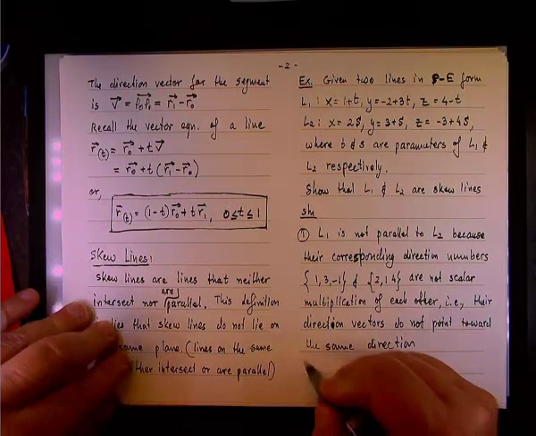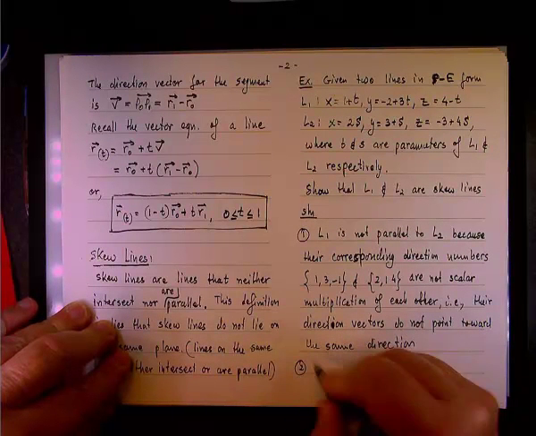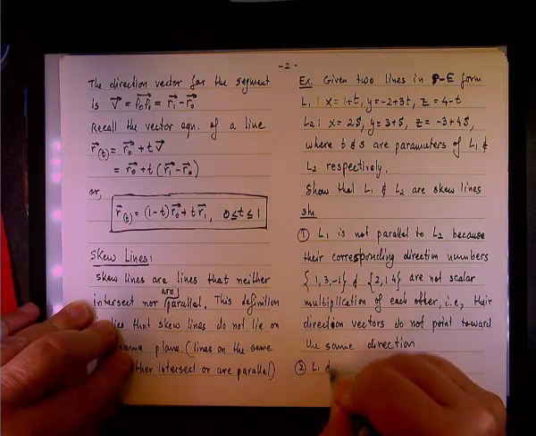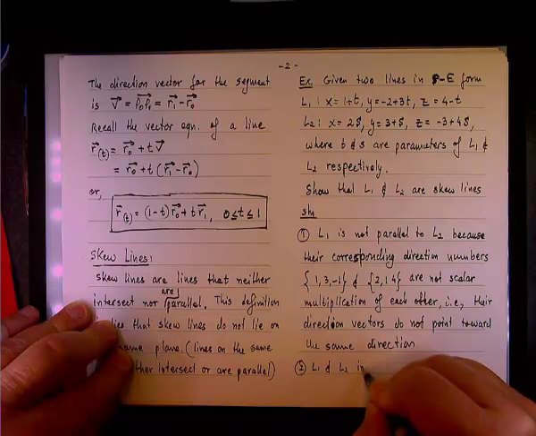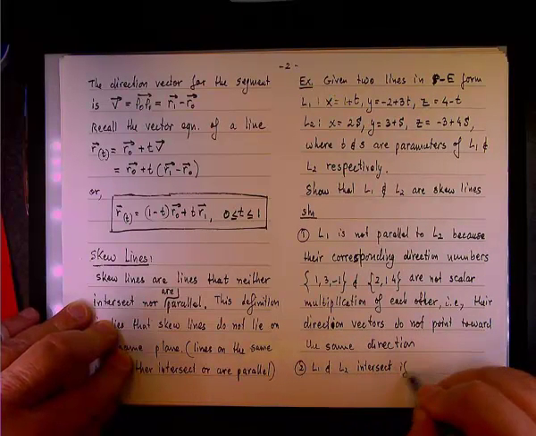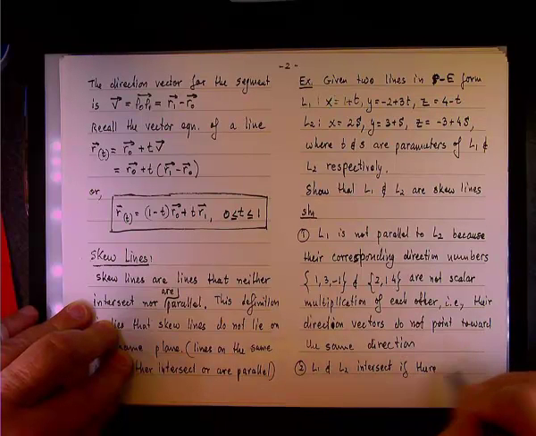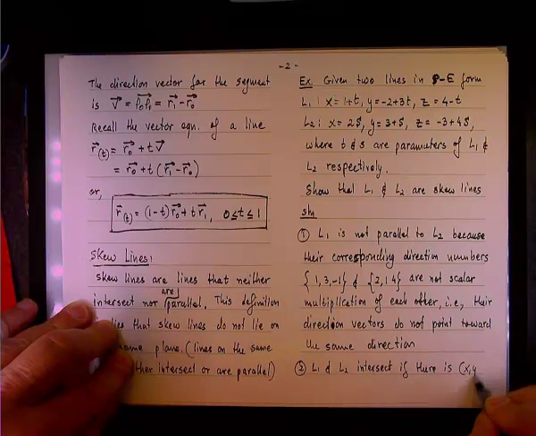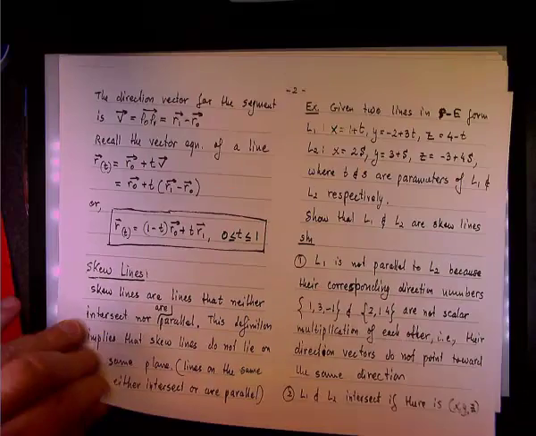Now we need to show that they don't intersect. How do we go about finding out whether the two lines intersect? The x, y, and z have to be shared, right? The same point x, y, z lies on both L1 and L2.